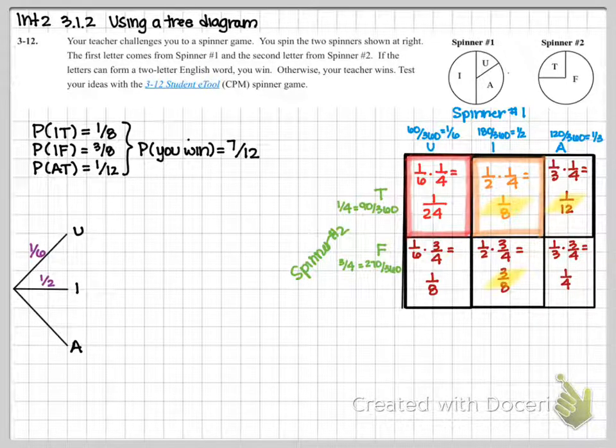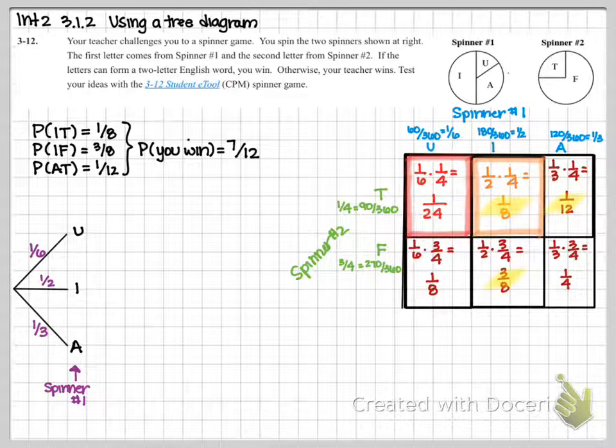And then on the A, the last probability was 1/3. So you just keep them on the branches. All of those things that we just did, the U, the I, and the A, represent spinner number 1. So everything directly above that would be spinner number 1.